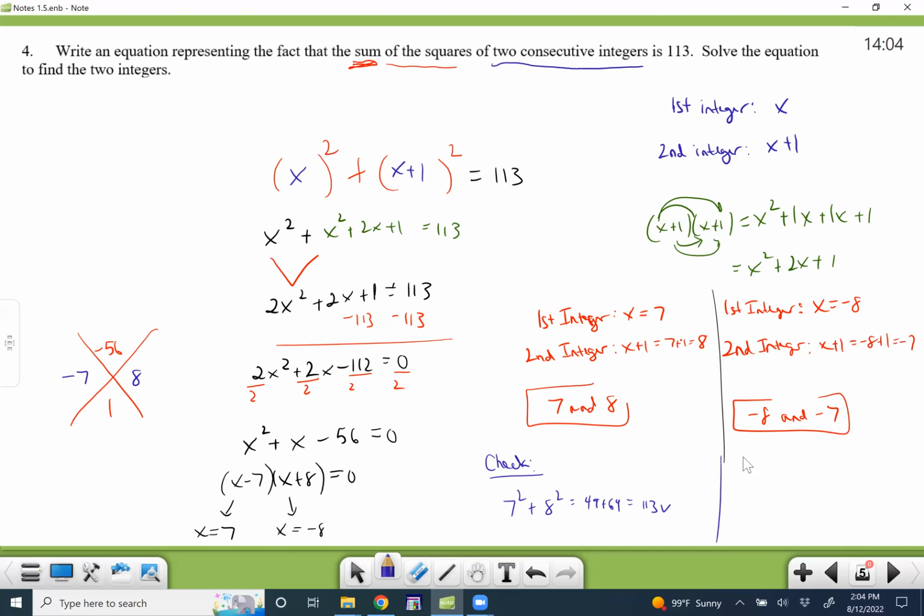If I did the same check over here, I'd have to square negative 8 and negative 7. But a negative times a negative is a positive, so I'd get the same numbers, 64 and 49. Those are the exact same numbers, you guys. So it makes sense, actually, that we're getting two solutions off of this.